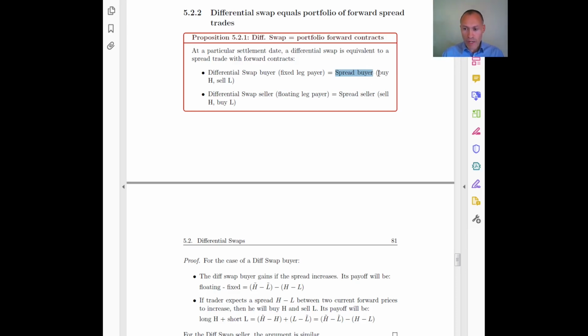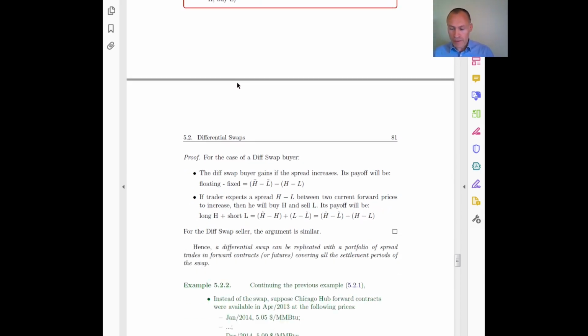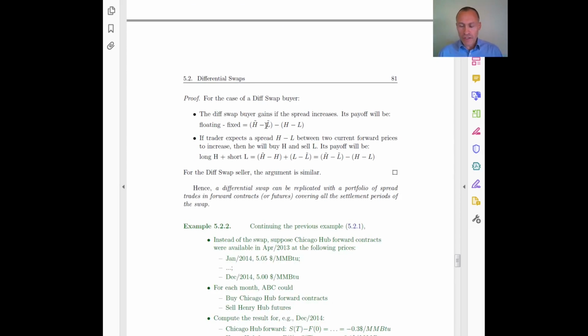A spread buyer is buying the high price and selling the low price futures, so we are betting on the spread to increase. This is the proof that the payoffs are the same whether I am a differential swap buyer or a spread trade buyer betting on the spread increasing. I get the same payoffs in the first case and in the second case.